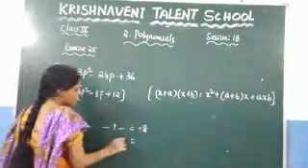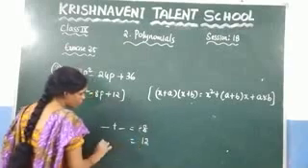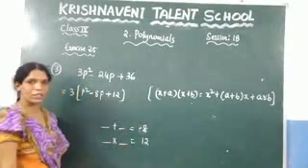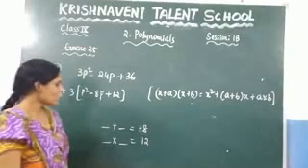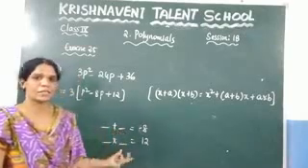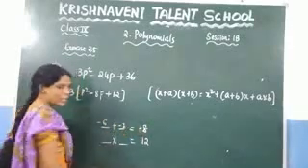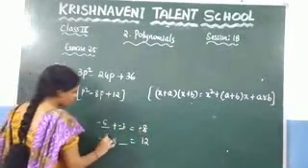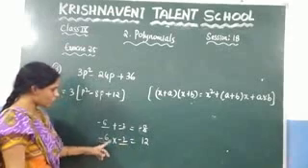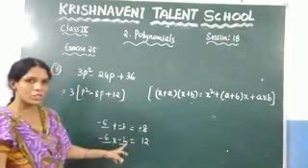And the last one, the constant 12, you need to get if you multiply the two numbers. What are those numbers? If you take minus 6 and minus 2, you know that minus 6 and minus 2 gives you minus 8. And similarly minus 6 into minus 2, you know that minus into minus is plus, 6 into 2 is 12.